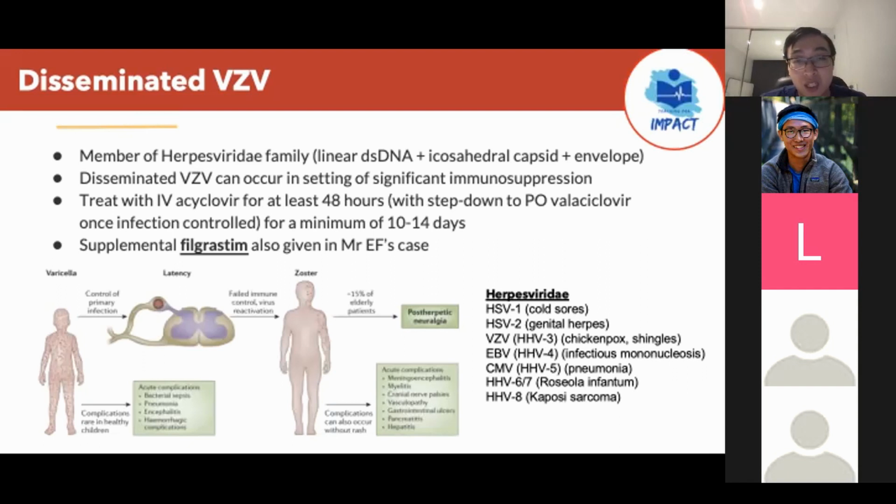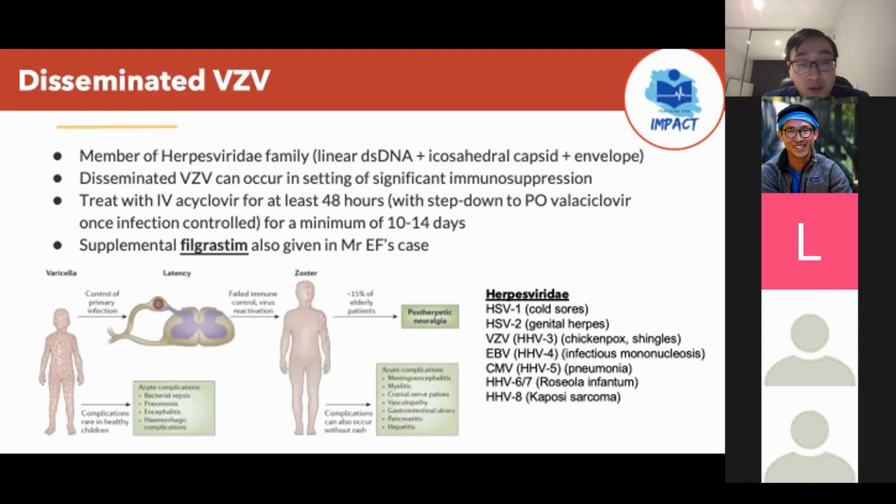But in the case of this particular patient, he had a history of varicella zoster, so he has probably had VZV hiding latent in his dorsal root ganglia for many decades. And then in the context of significant neutropenia from his MDS, the VZV reactivated and disseminated throughout the skin, causing the rash.